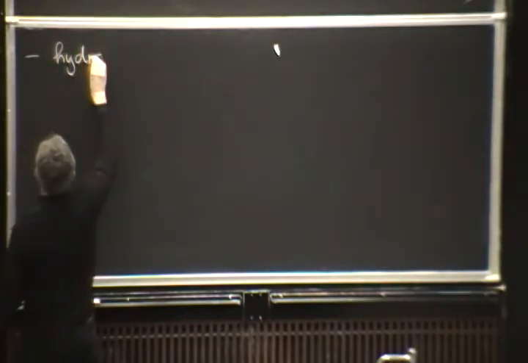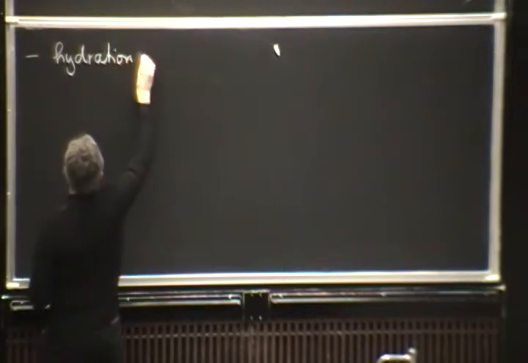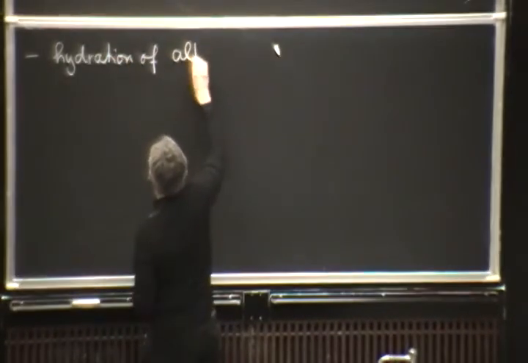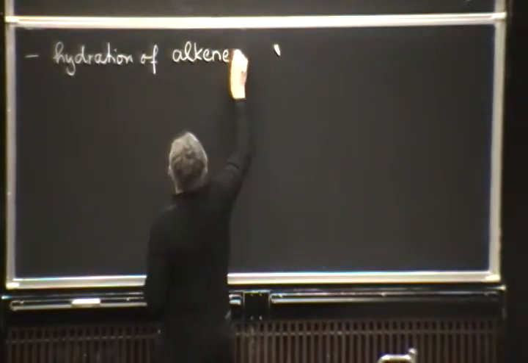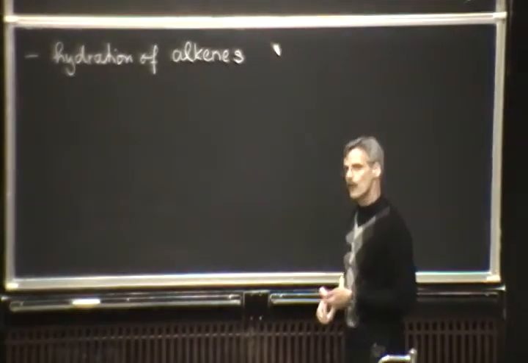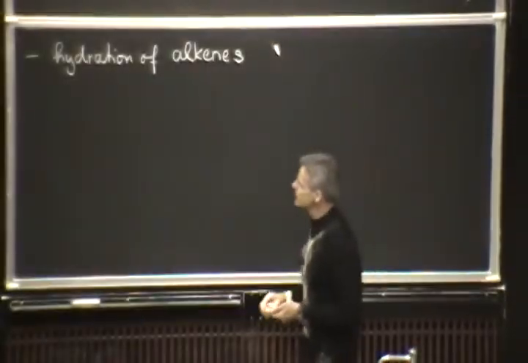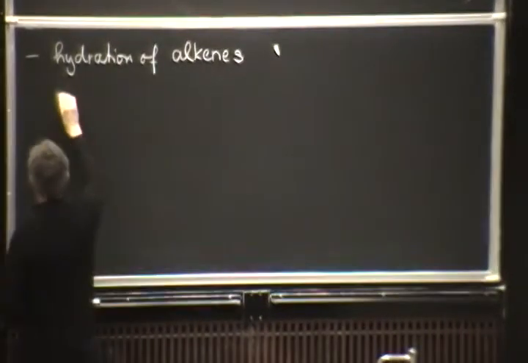Okay, anything else? All right, let's look at the formation of alcohol. One of these processes is hydration of alkenes. We're going to now look at two processes. One is the sulfuric acid addition.